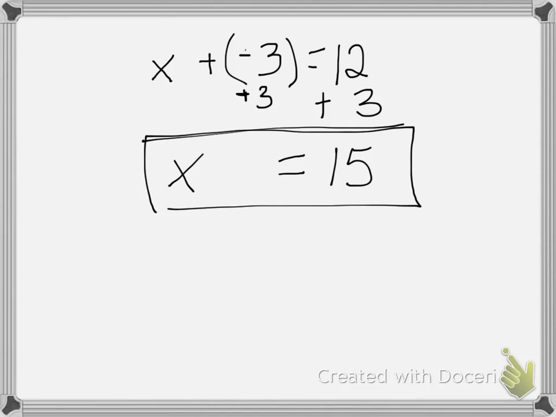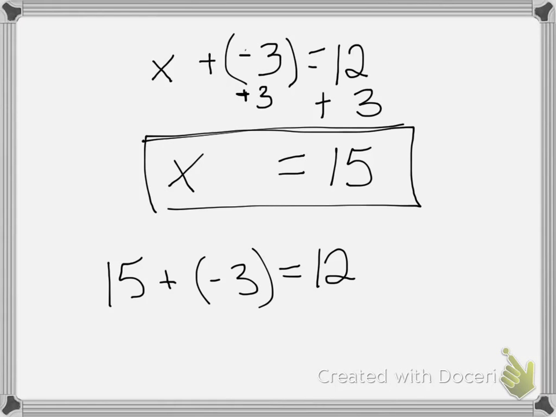Okay, let's try another example. Oh, you know what? We forgot to go back and check our work. Let's do that real quick. If I have 15 plus a negative 3 equals 12, let's think back to our song. It says, same sign, add and keep; different signs, subtract.